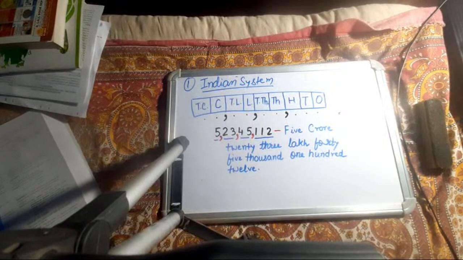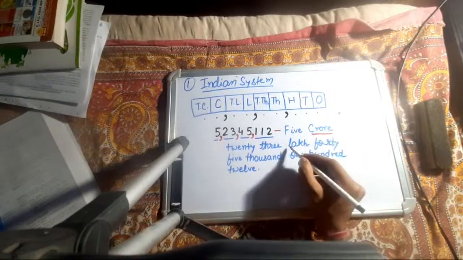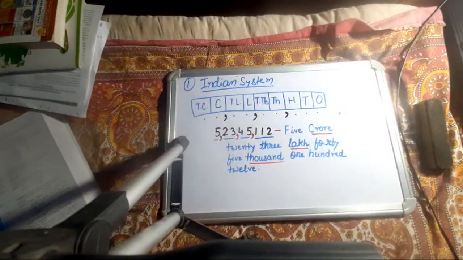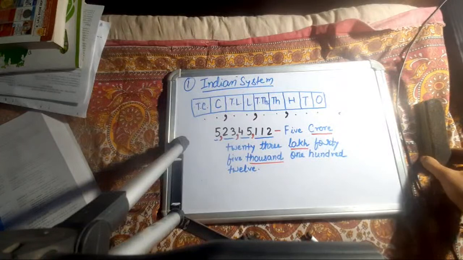So it is 5 crore 23 lakh 45,112. Now let us coming on to next part, that is our international system part.